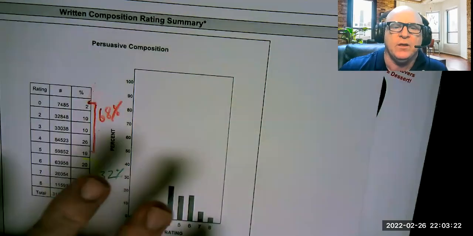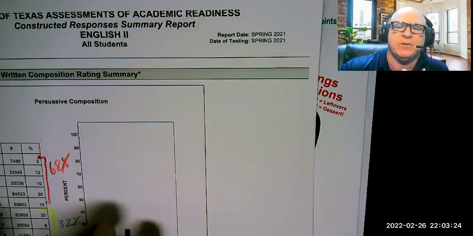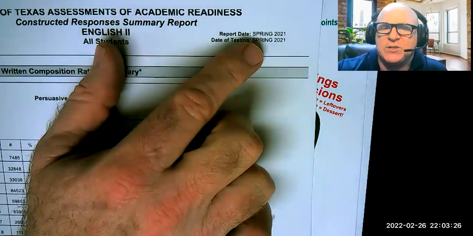So data doesn't lie. Before I show you the student rubric, the adult rubric, and my strategy using your hands, your palm, your fingers, and your toes, I wanted you to take a look at the results from last spring.